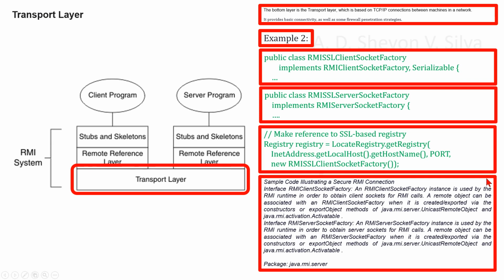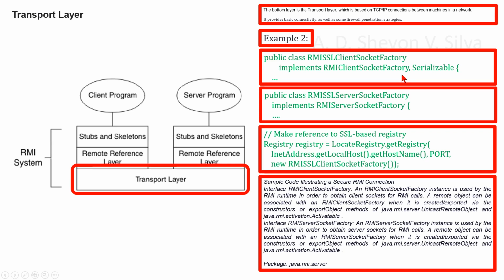Here is the interface RMIClientSocketFactory. An RMIClientSocketFactory instance is used by the RMI runtime in order to obtain client sockets for RMI calls.